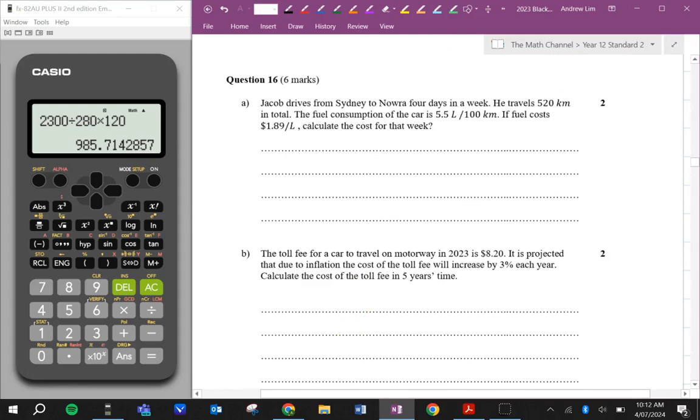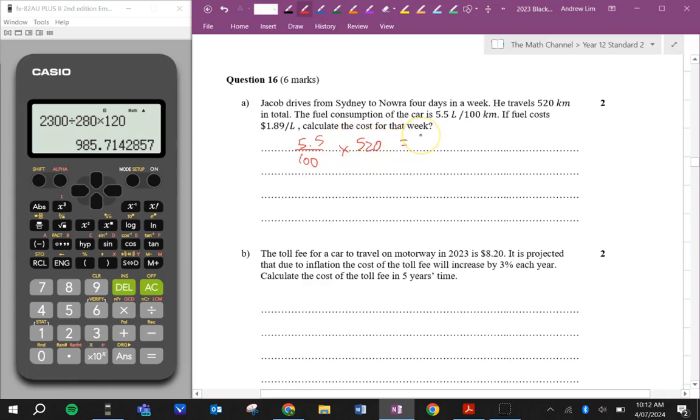Jacob drives Sydney to Nara 4 days in a week. He travels 520 kilometers in total. The fuel consumption of the car is 5.5 liters per 100 k's. If fuel costs $1.89 per liter, calculate the cost for that week. Okay. So we got 5.5 out of 100 times 520.